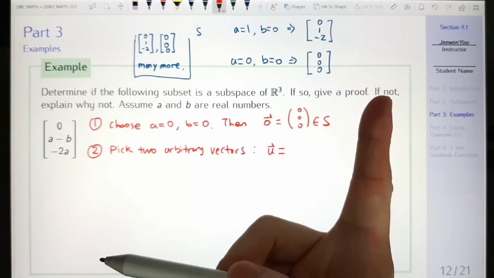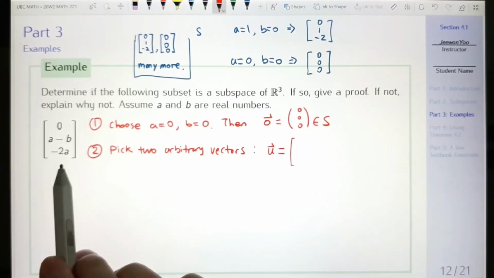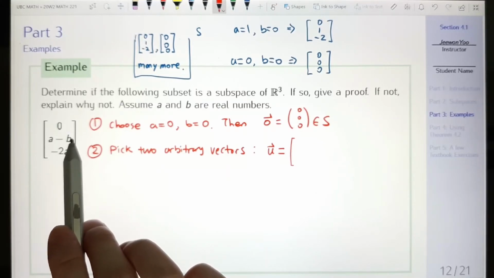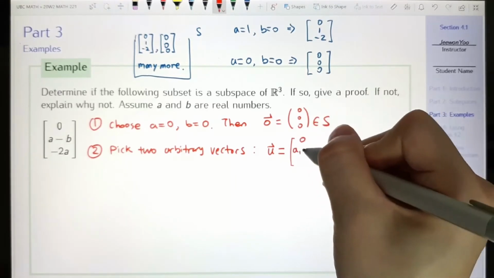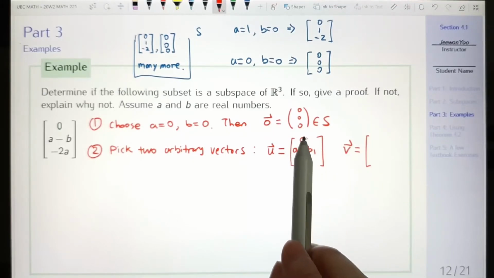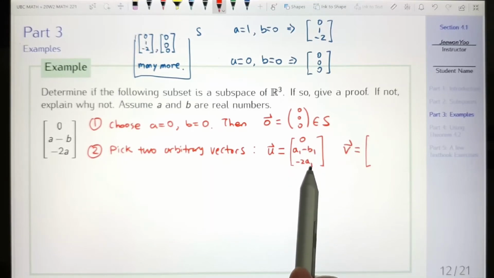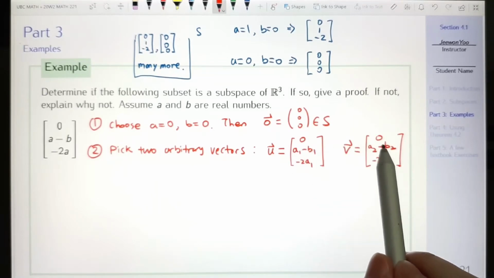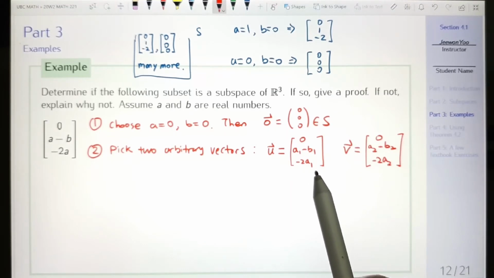Let's say the first arbitrary vector u has this kind of DNA: 0, a1 minus b1, negative 2 times a1, instead of just using a, b. And then the second arbitrary vector v is 0, a2 minus b2, negative 2 times a2. And you guys know a1, b1, a2, b2, all of these variables are some scalars.